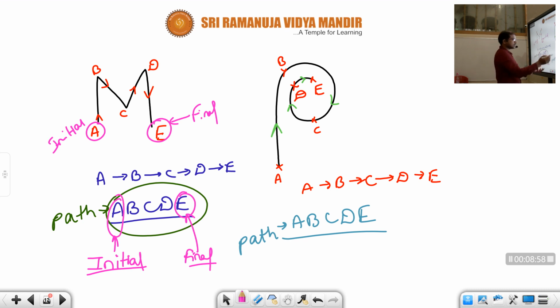Children, in this case also, if you have the path available, you need not check the diagram to trace the initial and final positions. Just by looking at the path, you can say. The first starting one is nothing but the initial, and the ending one is nothing but the final position, children.